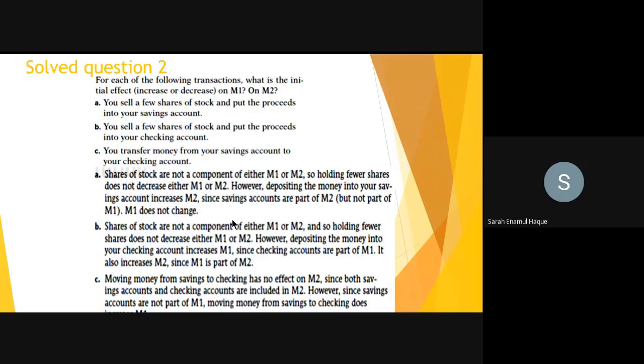Okay, let me make it clear here. Savings account, this might be a source of confusion to you. There are two types of savings accounts. Number one is savings account, another is savings deposit. How are they different, right? Savings account is basically those checkable deposit accounts, okay, which do earn some interest, but you can easily break it and take out the cash, which is basically part of M1.